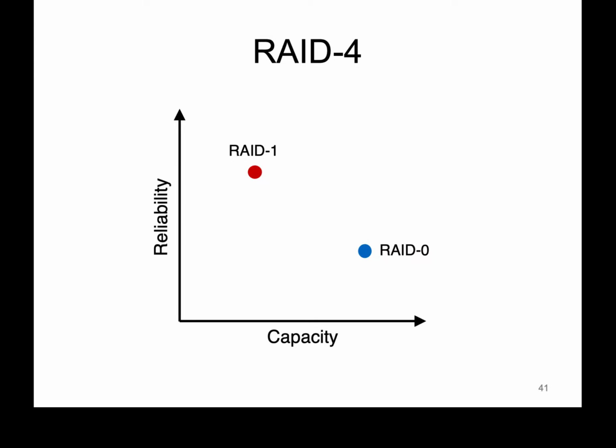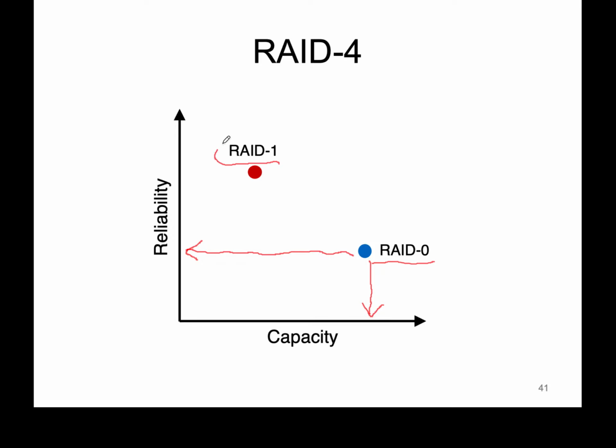Like we've already talked about, RAID 0 serves as the theoretical upper bound in terms of both performance and capacity. That is why it lies over here, because it has the highest capacity metric. But regarding reliability, it has the worst reliability, because it cannot tolerate a single disk failure. So that is why it has a relatively lower reliability as compared to RAID 1.